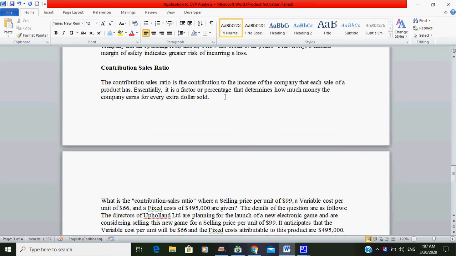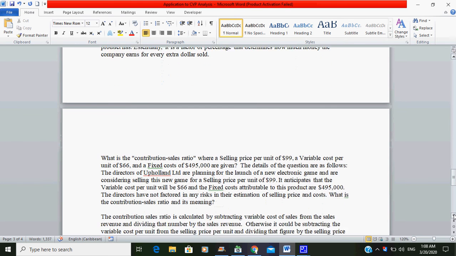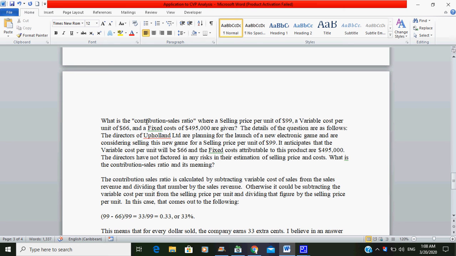Essentially, it is a factor or percentage that determines how much money the company earns for every extra dollar sold. Look at this example now. What is the contribution sales ratio where a selling price per unit of $99, a variable cost per unit of what? $66, and a fixed cost of what? $495,000 are given. The details of the question are as follows.